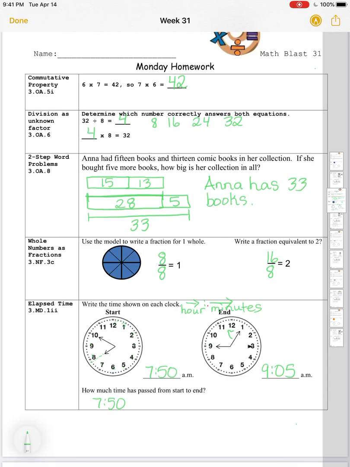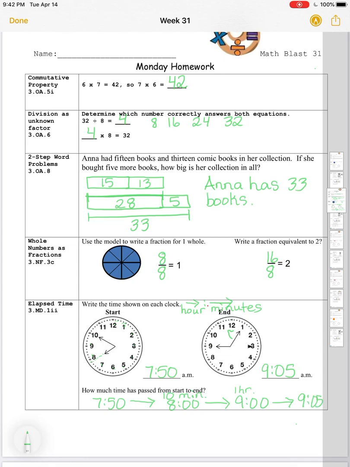Well, we start at 7:50, and to get to 9:05, I'm going to use the arrow method. If I go to the next hour, that would be 10 minutes, and that would be 8 o'clock. And then I could go to 9 o'clock. That's 1 more hour.